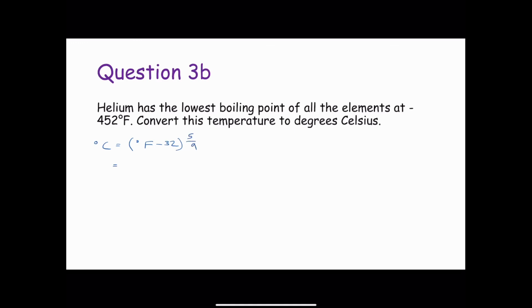So now I'm going to plug in my temperature in degrees Fahrenheit, which is 452 minus 32 multiplied by 5/9. And when I punch all of that into my calculator, I get the boiling point of helium in degrees Celsius, which is 233 degrees Celsius.